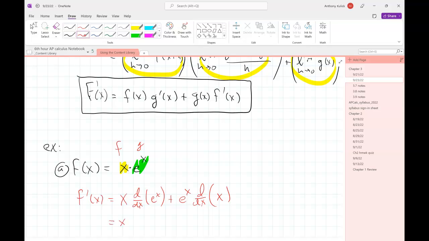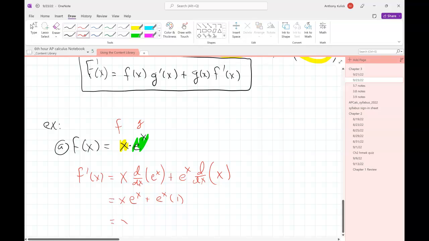What's the derivative of e to the x? E to the x. What's the derivative of x? 1. So you could write this as x e to the x plus e to the x. Or if you wanted to, you could write it as the quantity x plus 1 times e to the x. Either is okay.